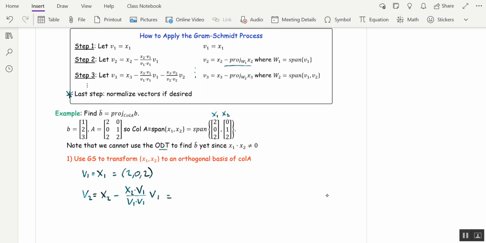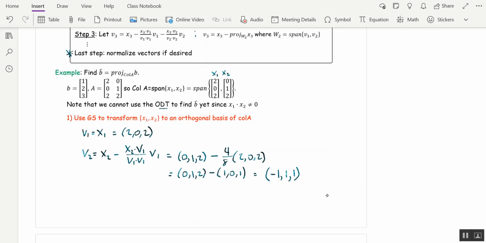All right, X2 is 0, 1, 2, and then we're going to subtract X2 dot V1 is 4, V1 dot V1 is 8, and I multiply that by V1, which is 2, 0, 2. So that's 0, 1, 2 minus 1, 0, 1, which is negative 1, 1, 1.